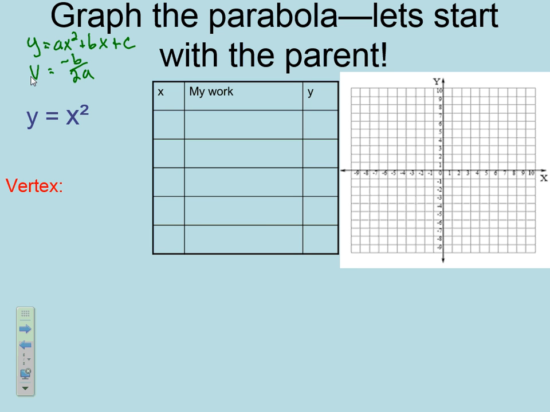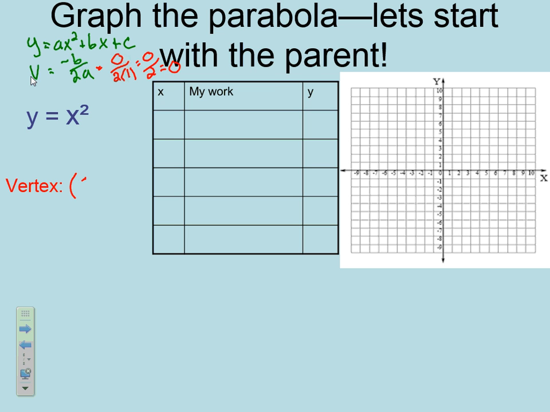If we look at this one, we don't have a b, so we're going to plug in 0 for b. So it's going to be 0 over 2, and our a is 1. If we take 0 divided by 2, we just get 0.